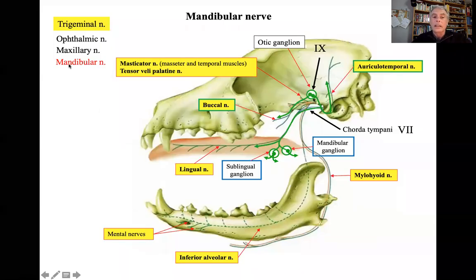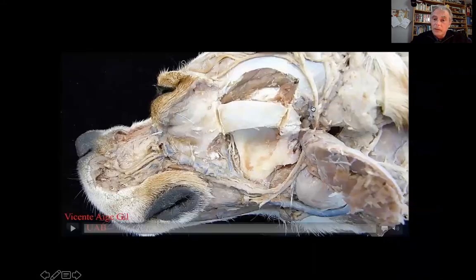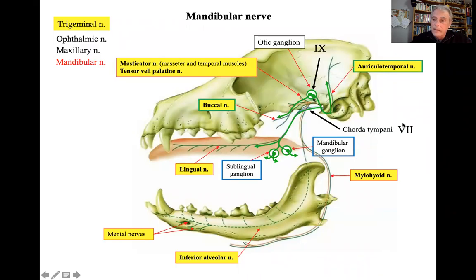Then we get to the mandibular nerve, that has two components, motor and sensory. It also incorporates visceral fibers from the facial nerve and from the glossopharyngeal. The fibers from the facial nerve that form the chorda tympani join the lingual nerve in order to innervate the mandibular and sublingual salivary glands.